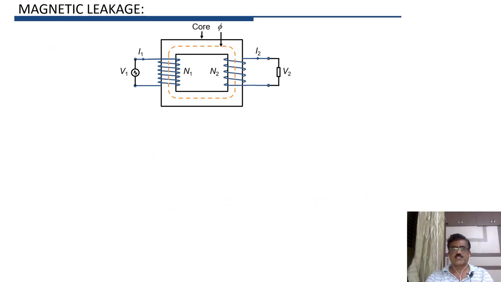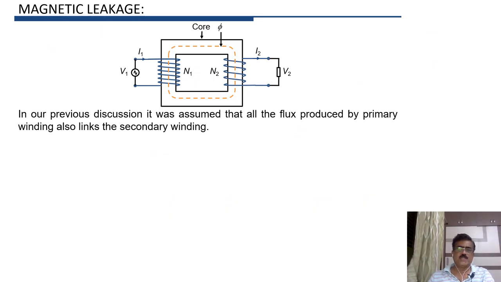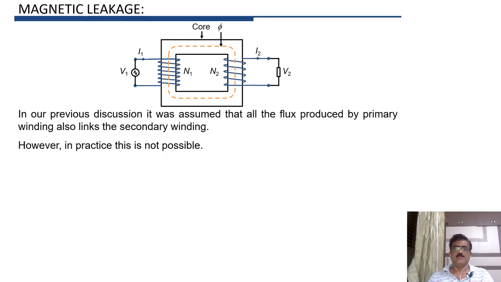In our discussion so far, we have assumed that there is no magnetic leakage, means it was assumed that all the flux produced by primary is linked with secondary, and all the flux produced by secondary is linked with primary. However, it is not possible in practice, means in practice there is always some leakage of flux.